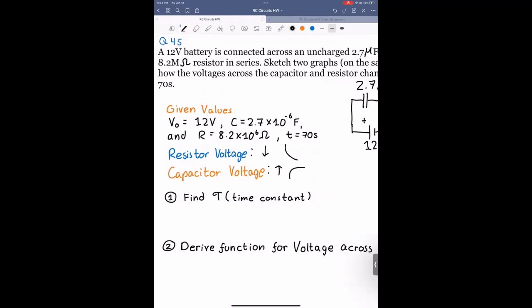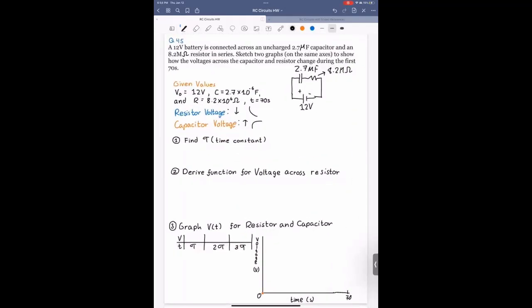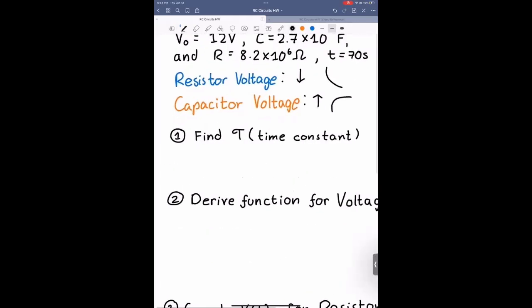In order to sketch these graphs, we need to find the expression of the voltage across the resistor over time. And the first step in doing that is finding the time constant. Now, the time constant equals the product of the resistance of the resistor times the capacitance of the capacitor.